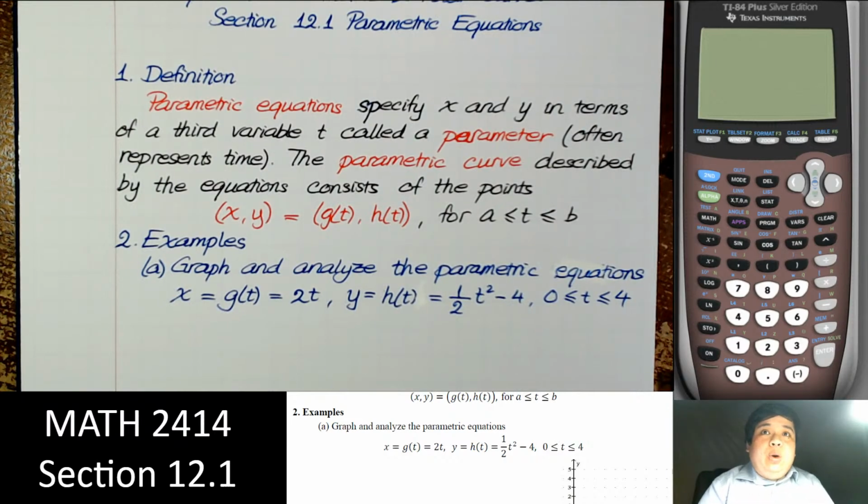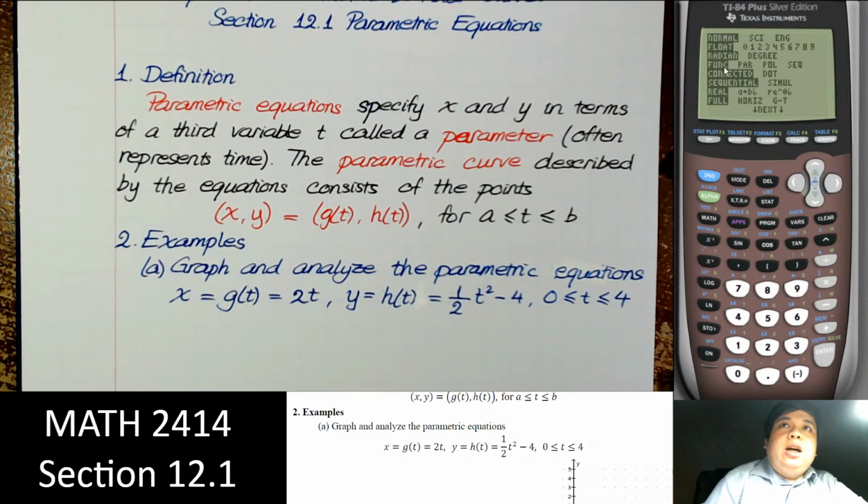By the way, we can do this on the calculator. Go to Mode. Look at the options for the type of function. We have function, parametric, polar, and sequence. If we want to work with sequence, we'll get there; polar, we'll do that later.